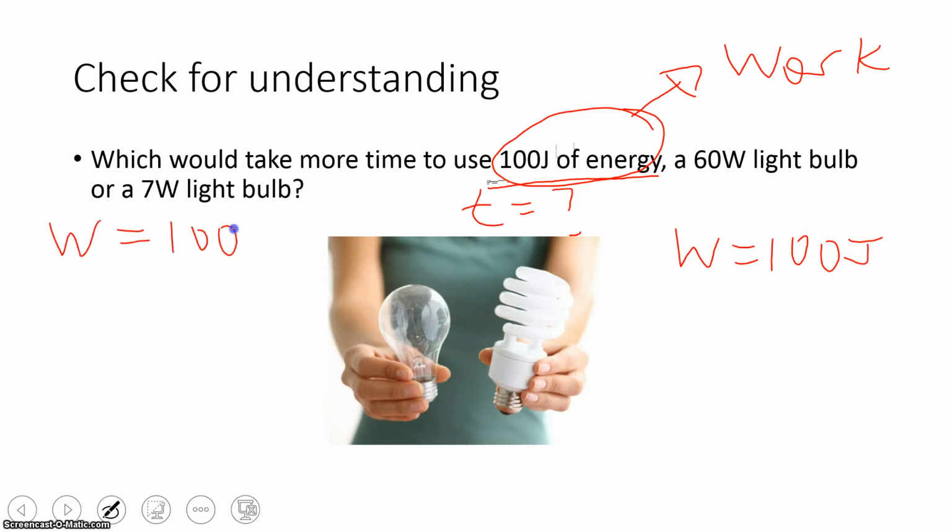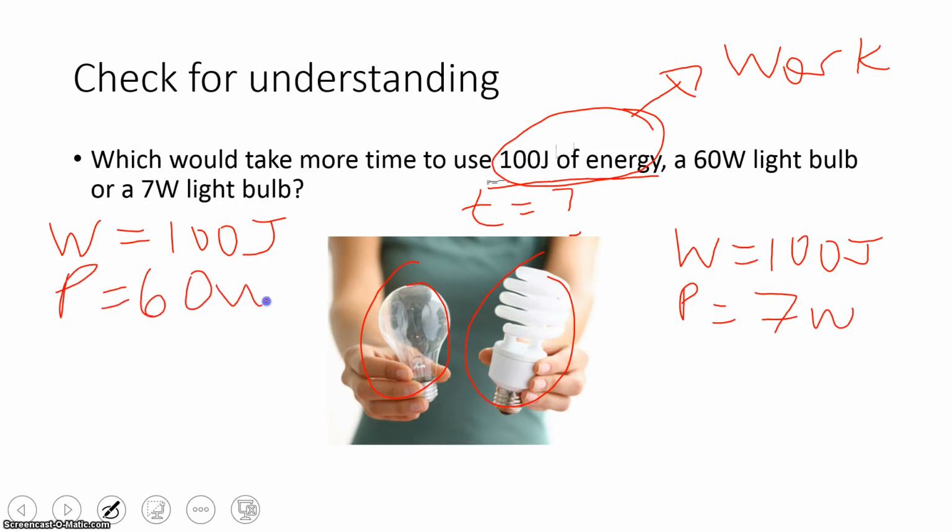The power for this type of light bulb is lower than this type. So this would be the 7-watt light bulb, and this would be the 60-watt light bulb.